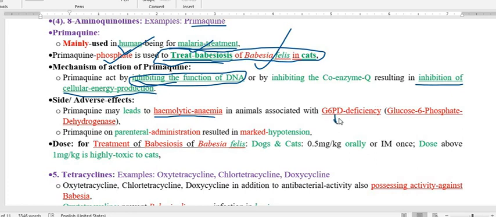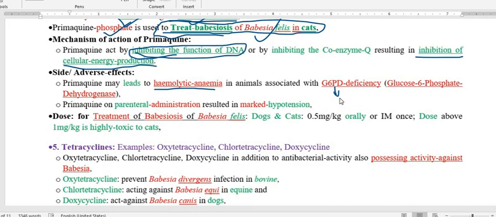And this primaquine, an anti-malarial drug, also leads to hemolytic anemia, because of deficiency of the enzyme glucose 6-phosphate dehydrogenase, which is required to mature the erythrocyte, which leads to hemolytic anemia in the host.